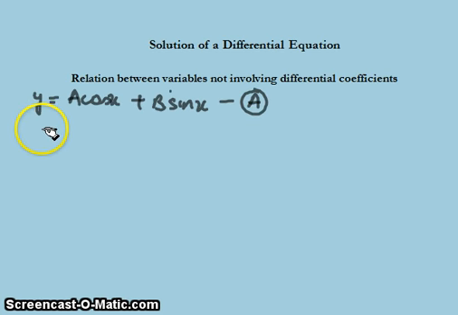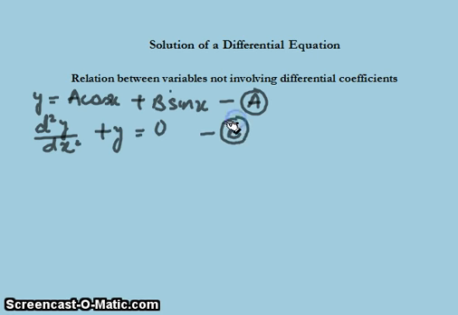Now a is the solution to the differential equation given as d square y by dx square plus y equal to 0. This equation has been labeled as equation number b. In order to prove this, we need to differentiate equation a with respect to x twice, since we have two arbitrary constants here.